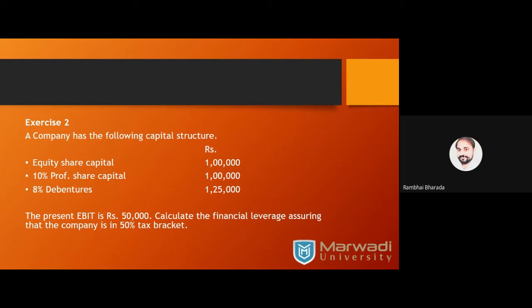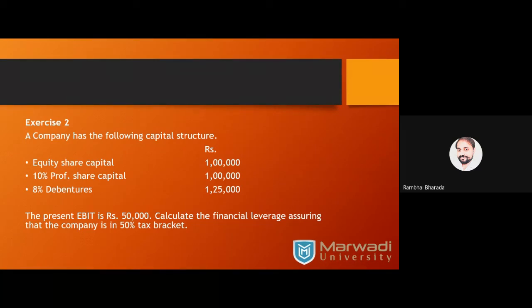Now see the capital structure. Is there any security or fund on which the company needs to pay interest? Yes. Which one? Debentures. How many percentage? 8%. On which amount? 1,25,000. Calculate the 8% of 1,25,000.